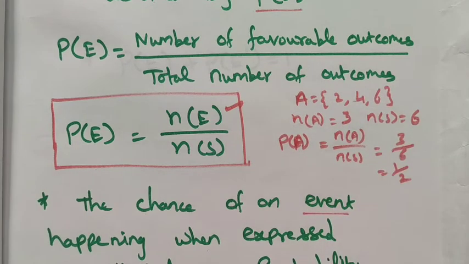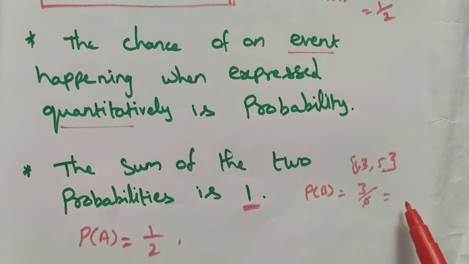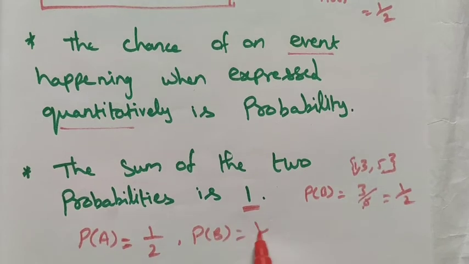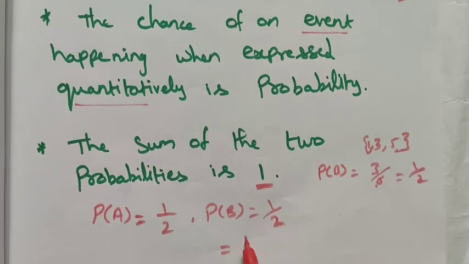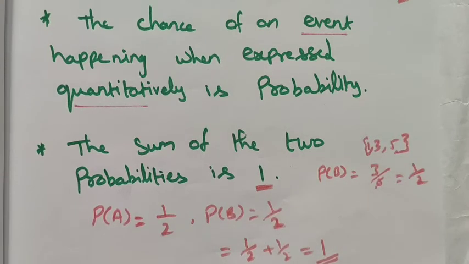That is, P of B, the probability of an odd number, is 3 out of 6, which is 1 by 2. Now the sum of the two probabilities, P of A plus P of B, is 1 by 2 plus 1 by 2, half plus half is equal to 1.